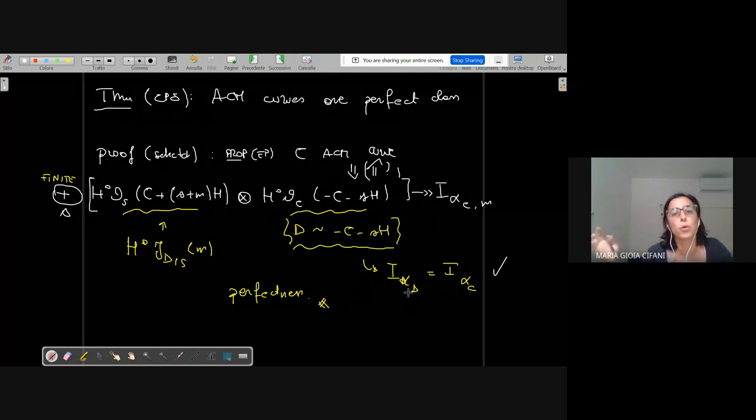This is one of the definitions of ACM curves, and the curves you find when you look for perfectness by hand, for the curves satisfying the property by hand, are exactly one of the things they are related to by geometric properties of ACM curves.